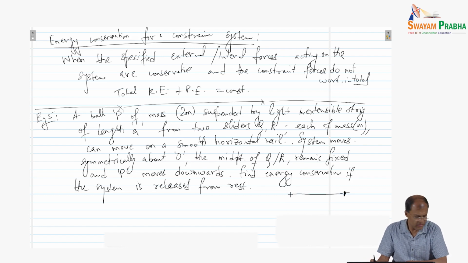So the setup is as follows. We have two masses of mass m here, located at some points, let's say Q and R, and let us say the midpoint of the distance between the two masses is O. That is the O which is symmetric about the two masses, and they are separated by a distance x.